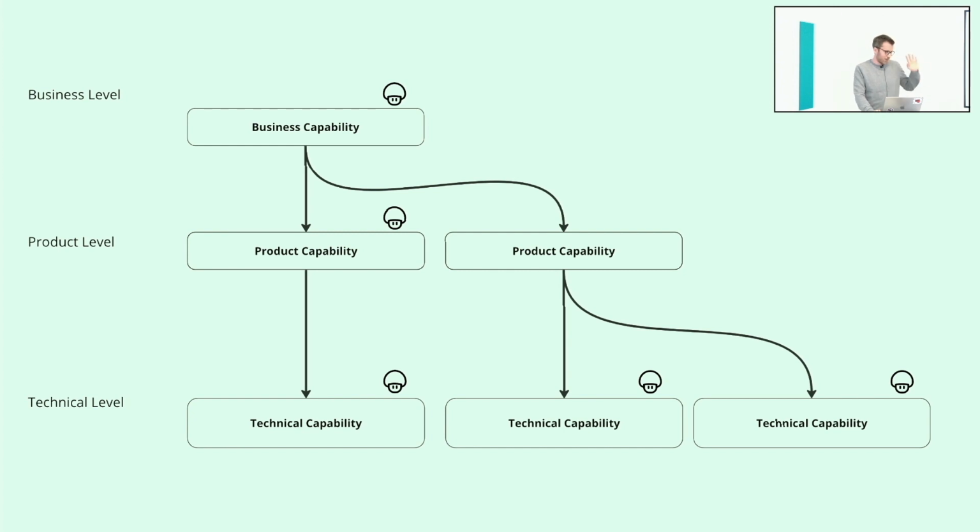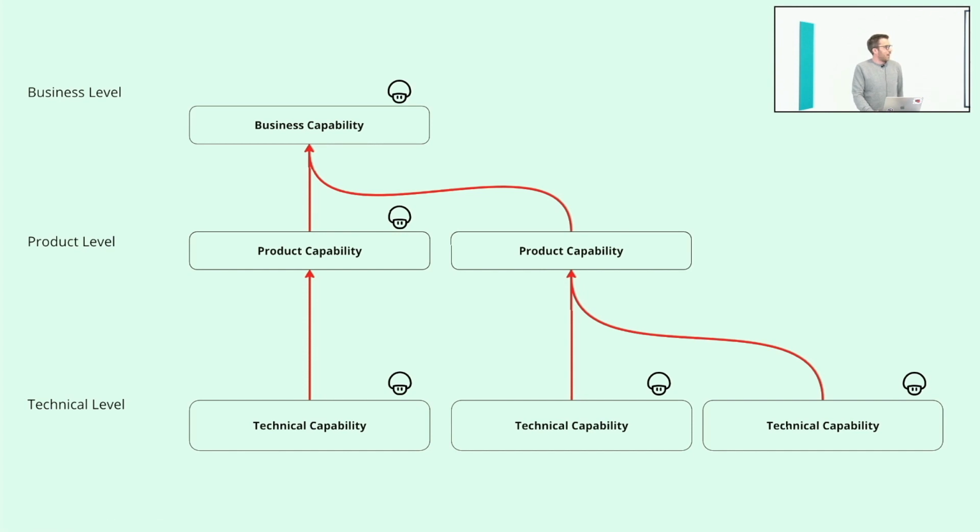Like I said, it's not an org hierarchy, it's not an org chart. Be careful, because top-down always sounds like somebody is telling you these are the requirements, but in the end it's mainly like this. But the enabling is happening the other way around, and that's important to understand, because it shifts the thinking a little bit. I cannot achieve one of these product capabilities without the technical capability first.